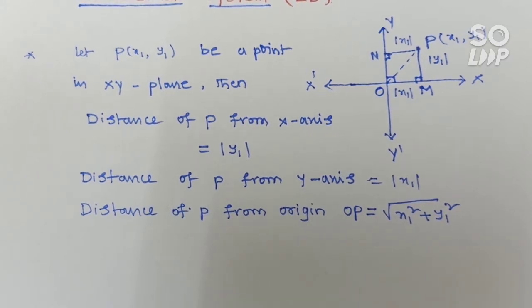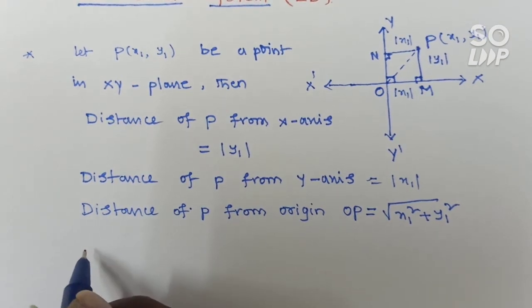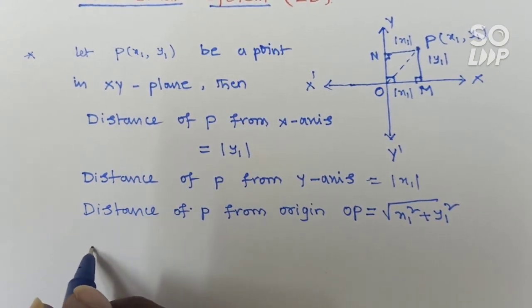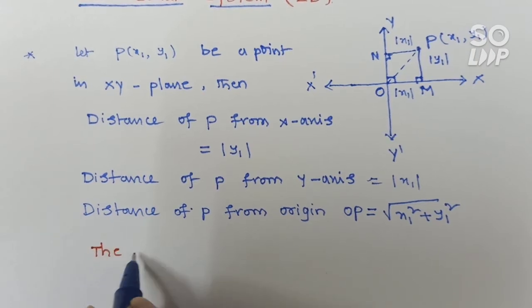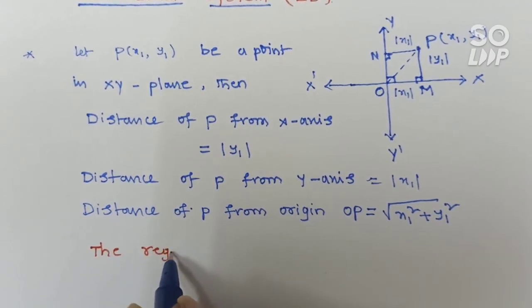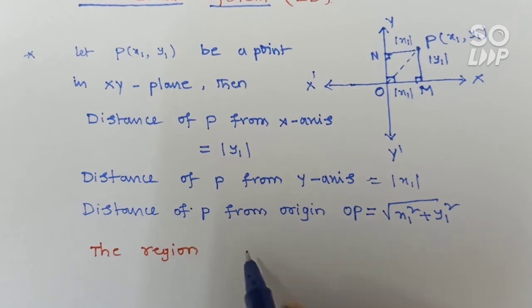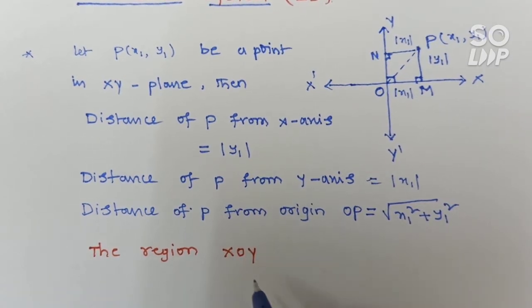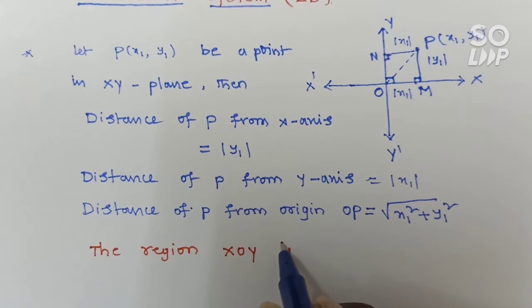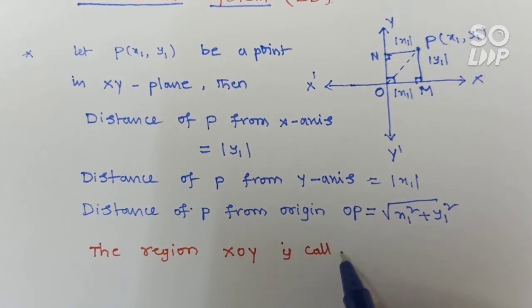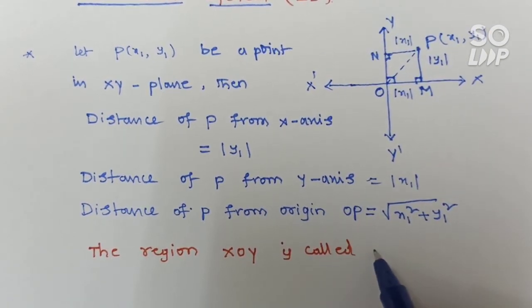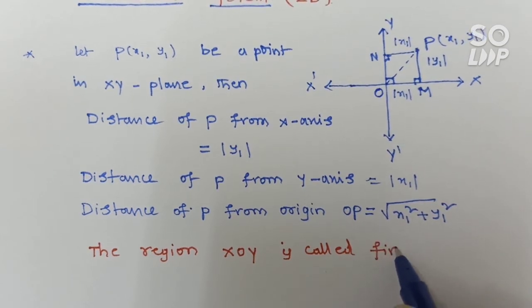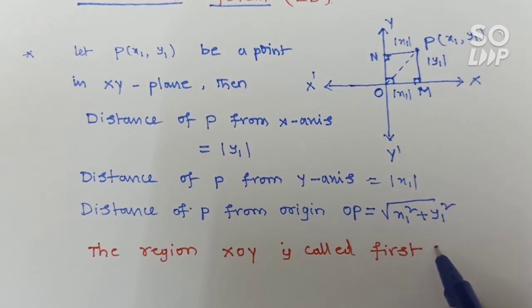Okay, next you see this one. The next one is the region XOY, called the first quadrant.